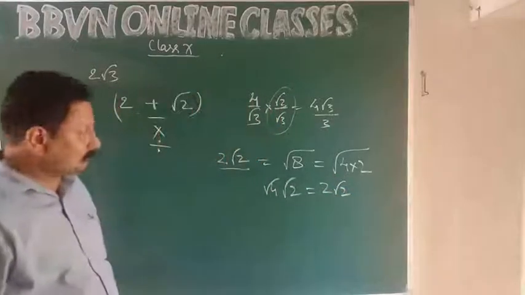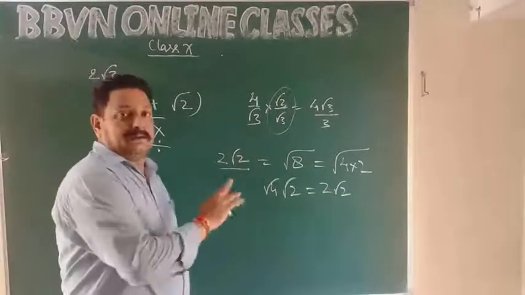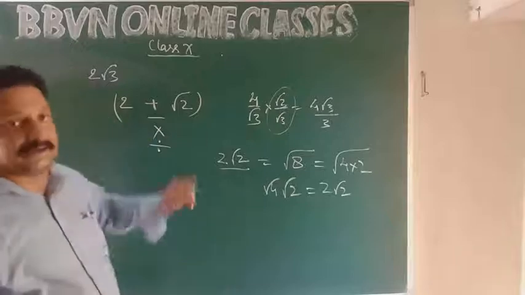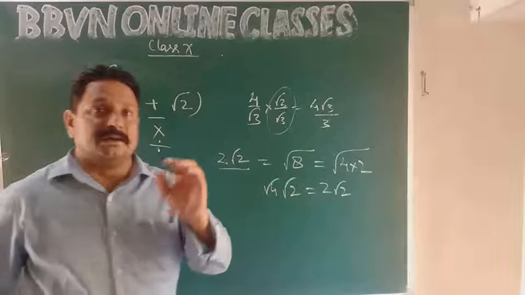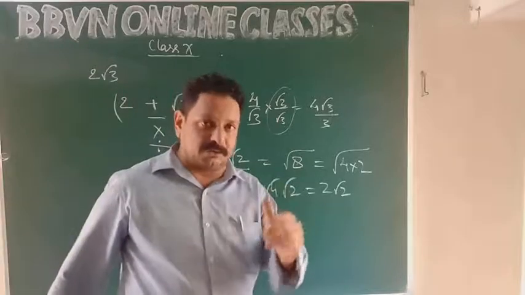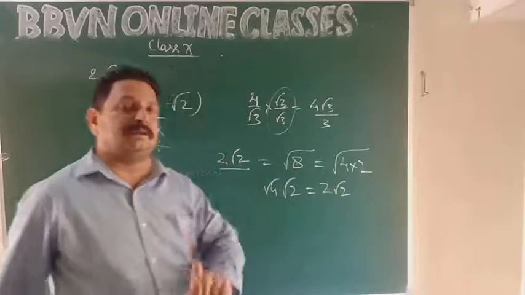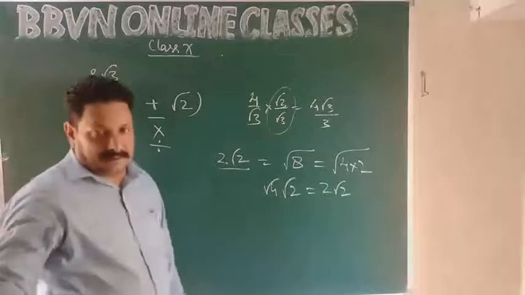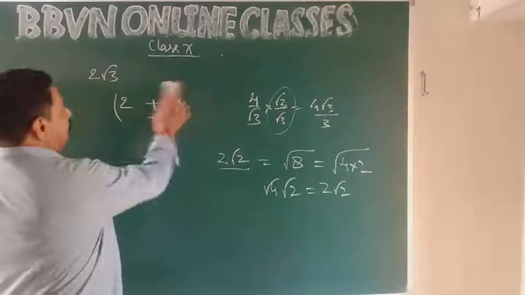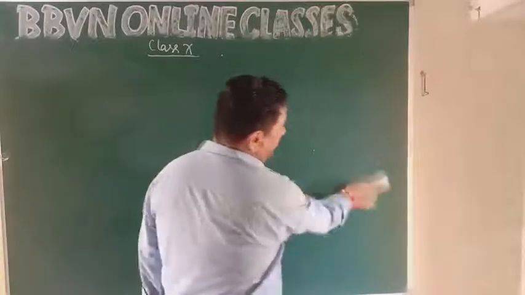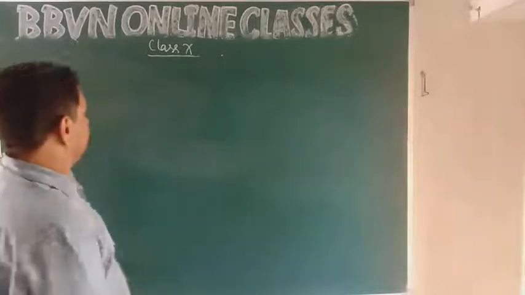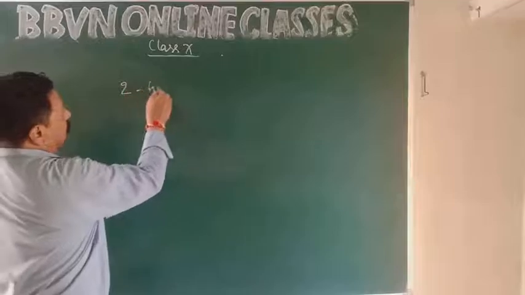Got it? Okay? The sum of a rational and an irrational, difference of a rational and irrational, product of a rational and irrational, quotient of a rational and irrational is always irrational, right? One more thing. It is not the case that the sum of two irrational numbers is always irrational. It can be rational. Suppose 2 minus 4 under root 3.